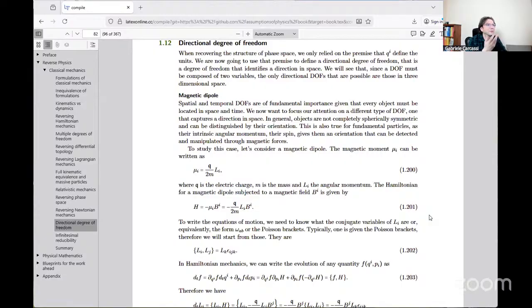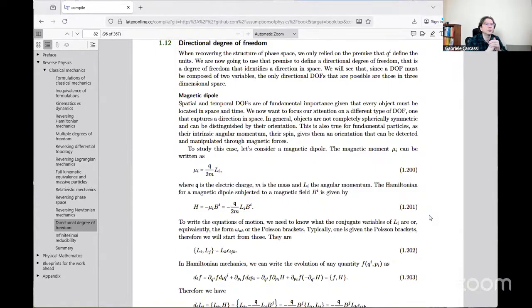Even people that work in the foundations of physics are completely unaware of this, even though they might know that there is such a thing as a symplectic structure in both classical mechanics and quantum mechanics. And this is the reason why we can justify having three-dimensional space, and also the fact that quantum mechanics uses complex numbers. It's because the Bloch ball is a sphere. The only sphere that would be symplectic is the one in three dimensions. Therefore, you have complex numbers and not real numbers and so on.